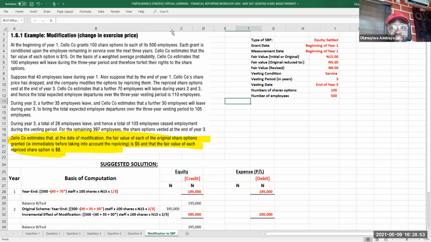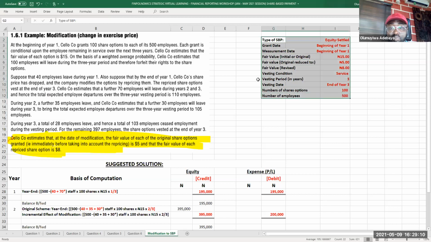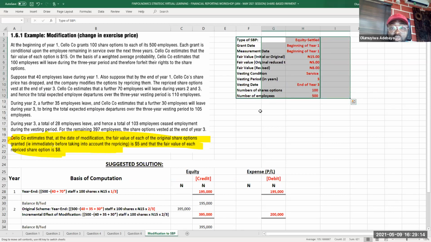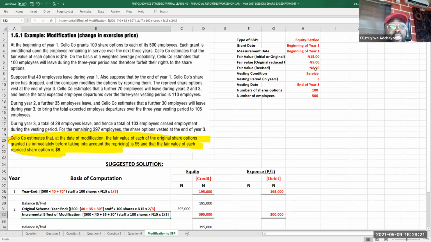But the difference in that information, now, the difference in that information is the additional cost to the employer, which is the difference between 8 naira and 5 naira. And therefore, I'll come here. Instead of 15 naira, that will be the difference between 8 naira and 5 naira, which is an additional or incremental fair value of the option price.